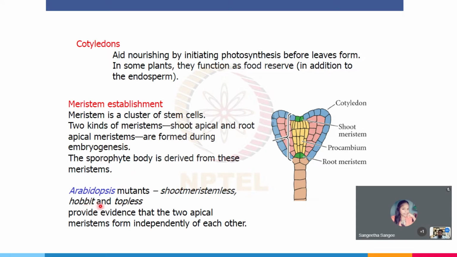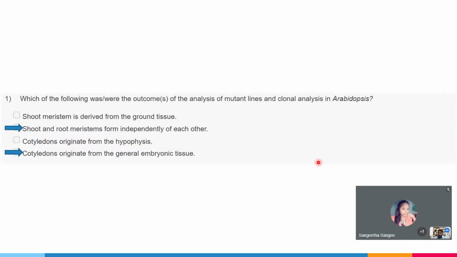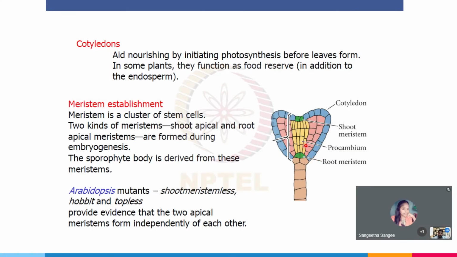And finally, the mutants that were formed in Arabidopsis, such as shoot meristemless, hobbit, or topless, provide evidence that the two apical meristems are formed independently of each other. That is, the shoot apical meristem and the root apical meristem are independently formed, so the absence of one does not affect the other. Secondly, here we can see directly that the cotyledons are formed out of the blue tissue here, which will be part of the ground tissue and not the hypophysis.